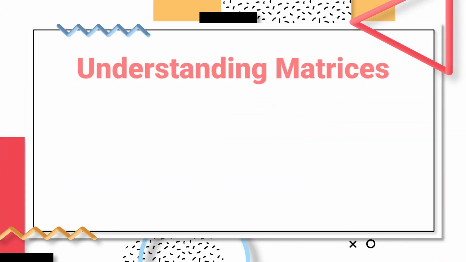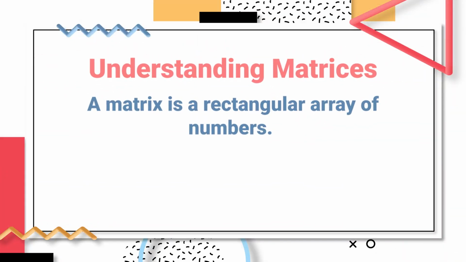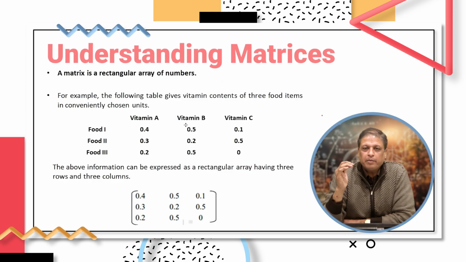In fact, a matrix is a rectangular array of numbers, wherein we can represent the dimensions. If you are from a programming background, we have multi-dimensional arrays. So, the rows and columns actually represent the dimensions.